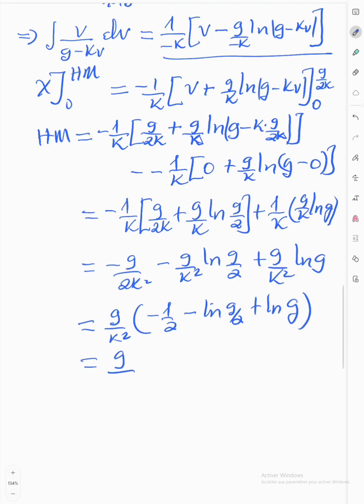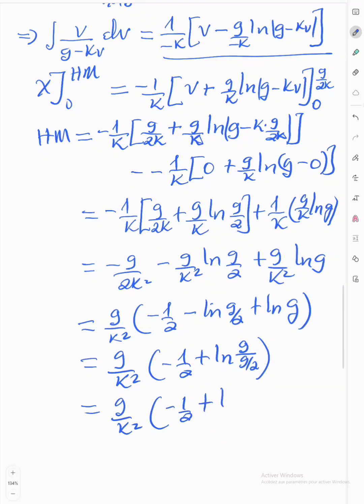This will give g over k squared into negative half. Then we have ln g minus ln of g over 2, that is positive the ln of g divided by g over 2, and that gives g all over k squared into negative half plus ln of g will cancel and 1 over half is 2.